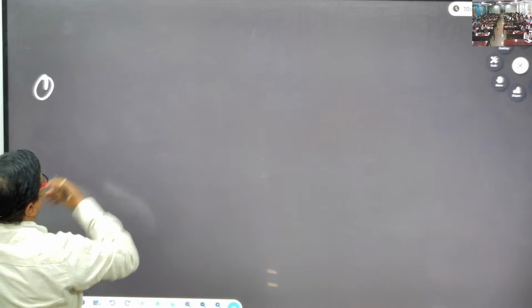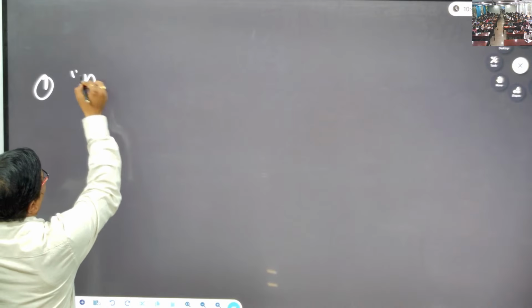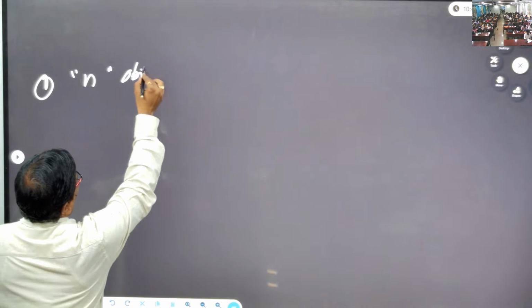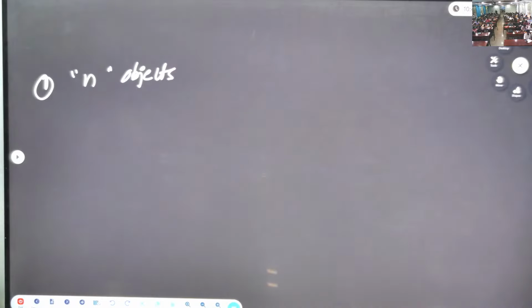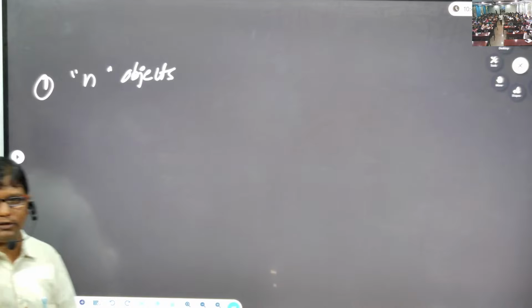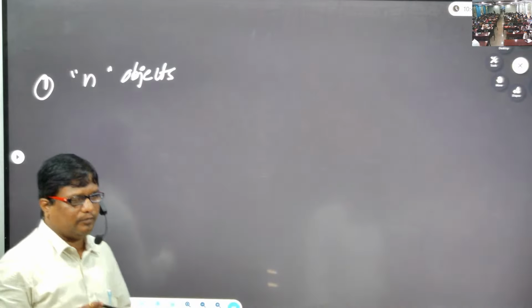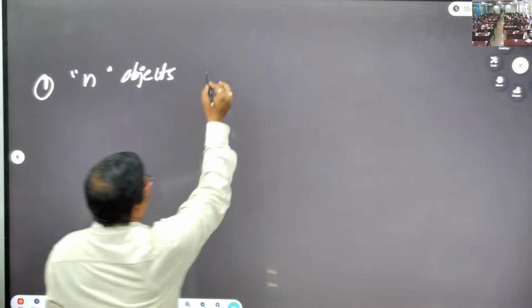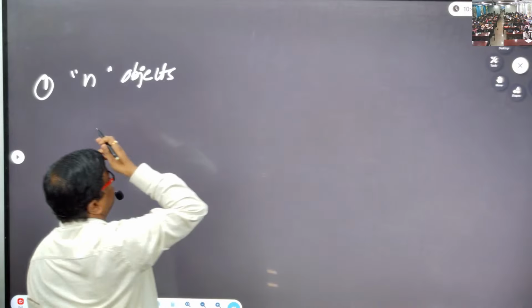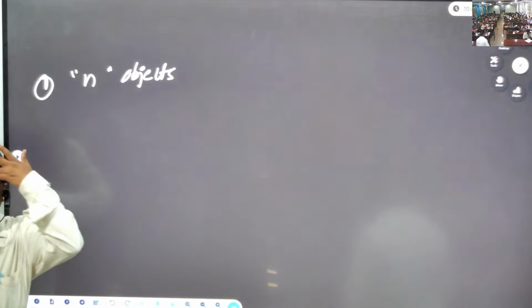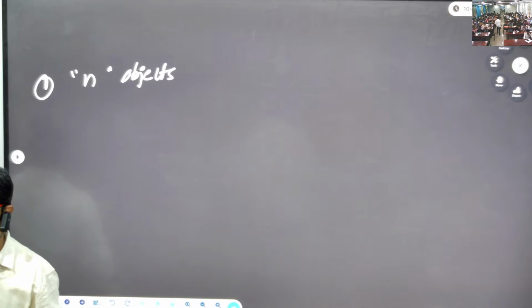Number of permutations on n objects without repetition is... What is the formula? If r objects are there, the formula is nPr.